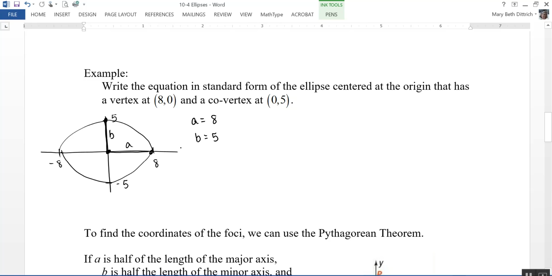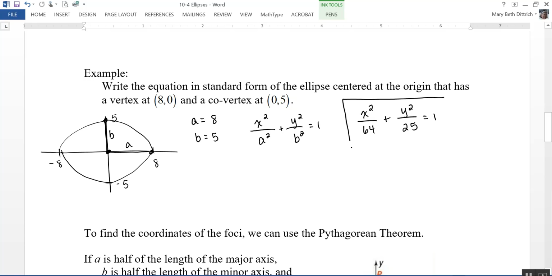This one is longer in the x direction, so my formula is going to be x squared over a squared plus y squared over b squared equals 1. Substituting in those values, I'm going to have x squared over 64 plus y squared over 25 equals 1. I find that doing a little sketch really helps out a lot.